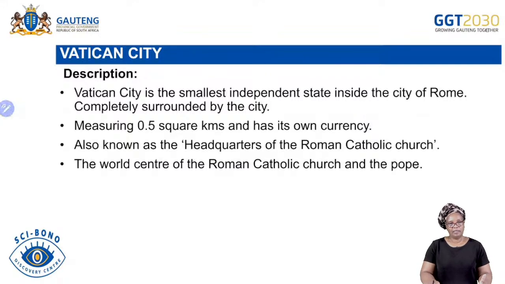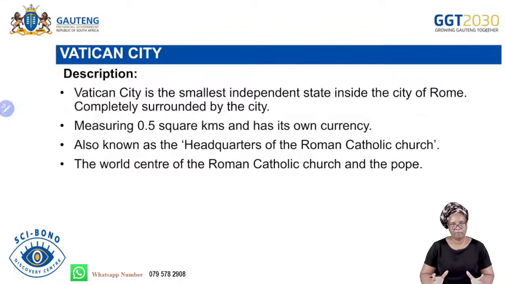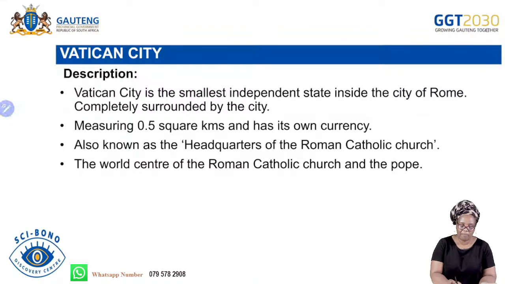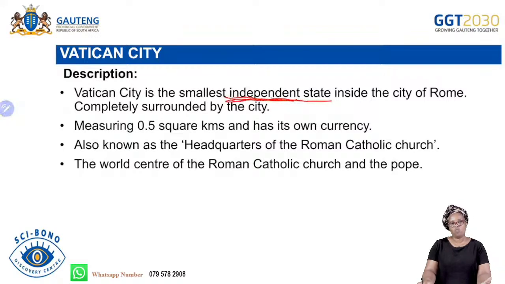Let's look at the description. This city, the Vatican City, is one of the smallest independent states. It's so small. It is an independent state inside the city of Rome.